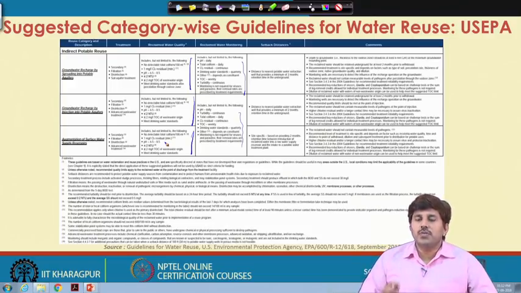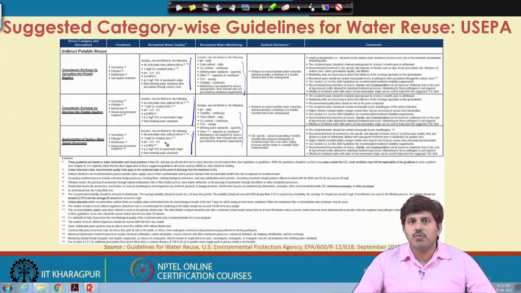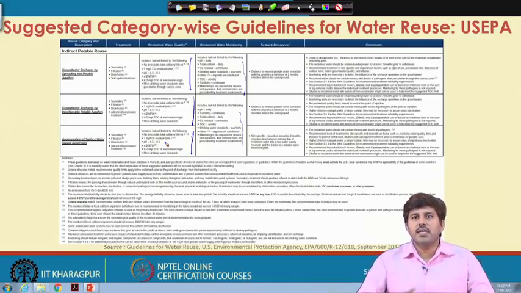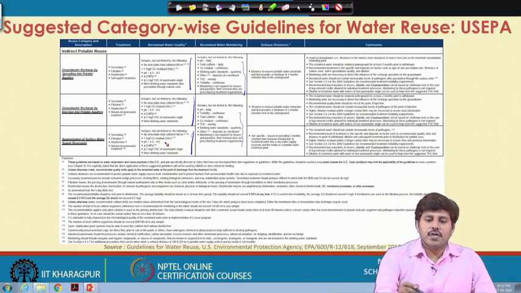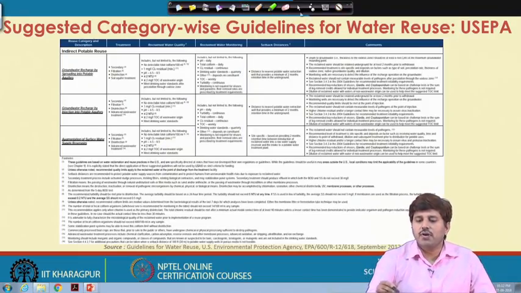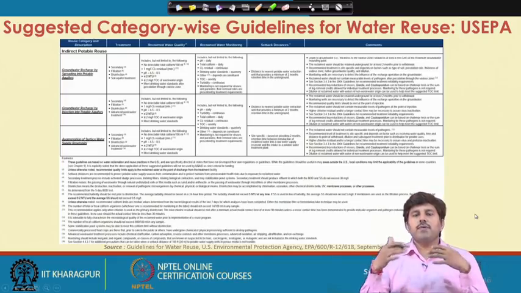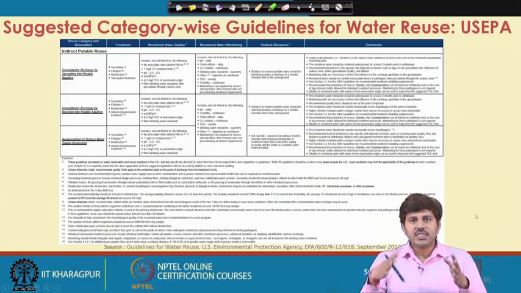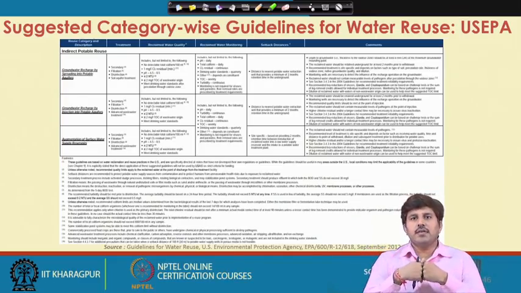This is the kind of requirement needed if it is going for DPR, direct potable use. Obviously, it should meet the potable water quality requirements, or drinking water quality standards, which are applicable for each respective supply utility, or the different standards in different countries. So, these are the standards that should be followed when we plan wastewater reuse or recycling projects.